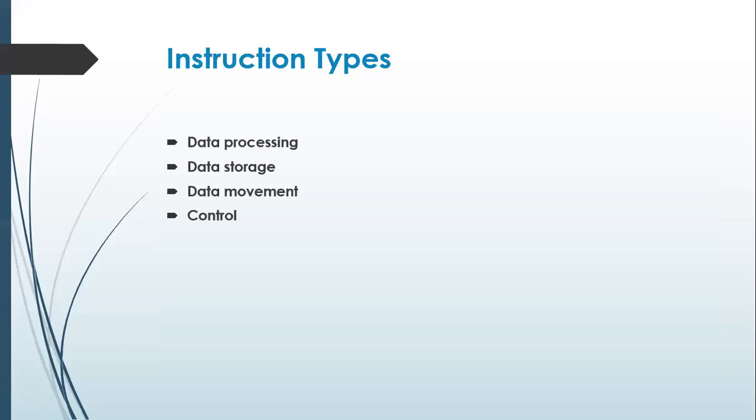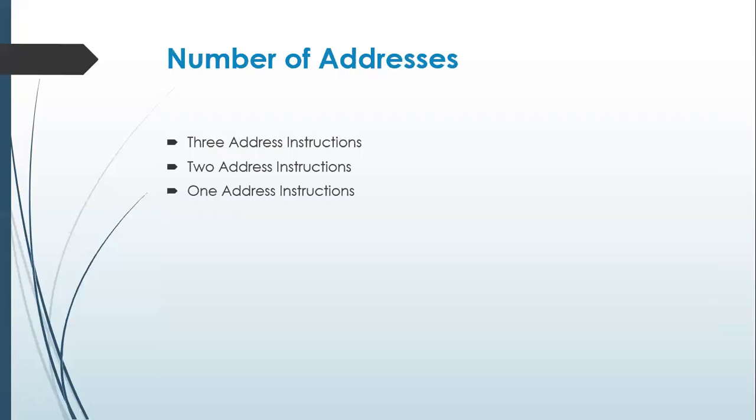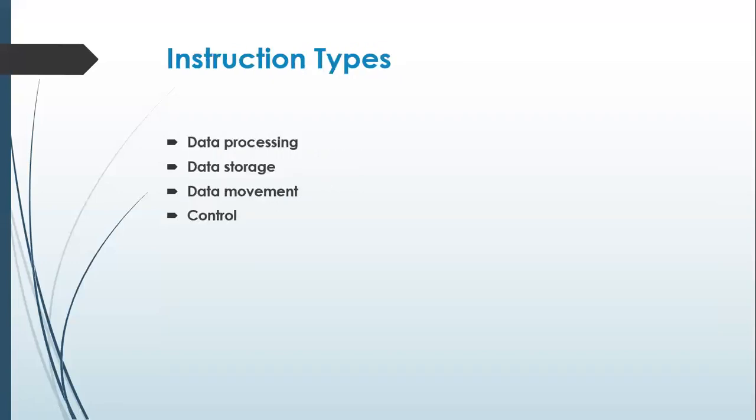Or the loop instructions, in which you have to check the condition and decide from where the next instruction should be fetched. So these kinds of instructions will be called control instructions. That was the classification of instructions based on their operations, what kind of operations are being done by those instructions.